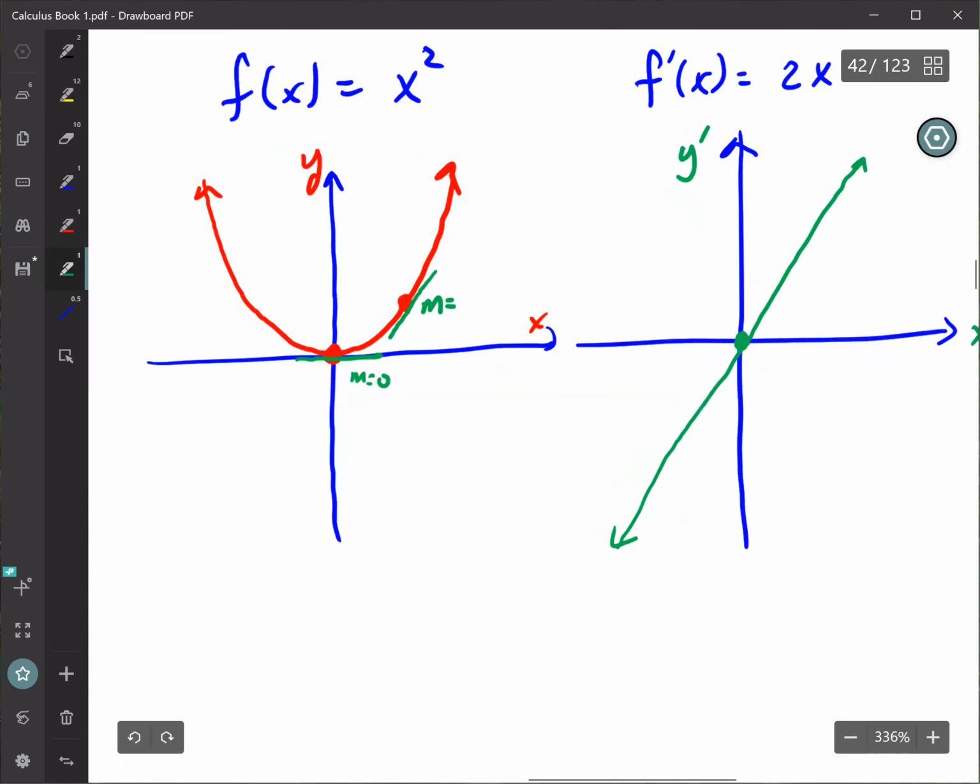What's the slope of the second tangent line? Is it a positive slope or a negative slope?